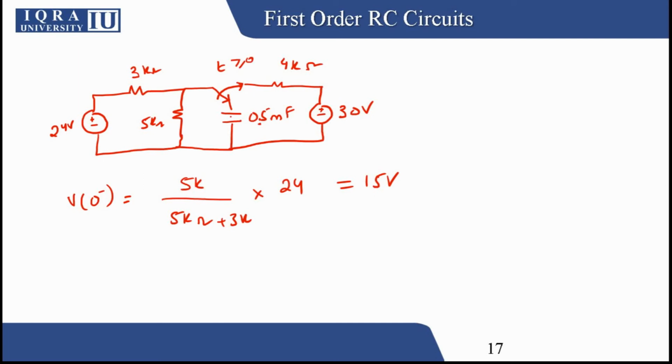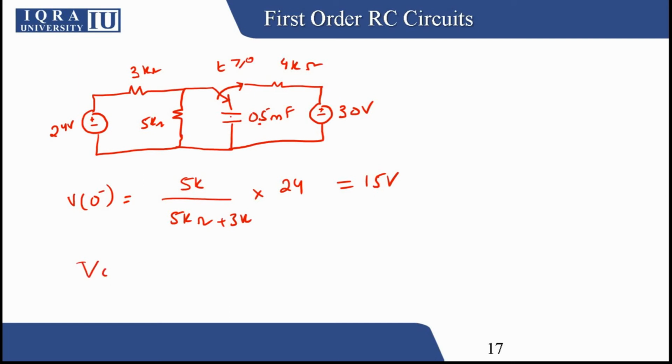So what is the value of tau for the capacitor? We just make the tau calculations. Okay, we have 15 volts. Now if you want to calculate the capacitor voltage when the time is equal to or greater than 0, what is the equation?